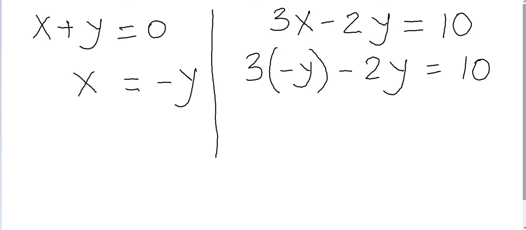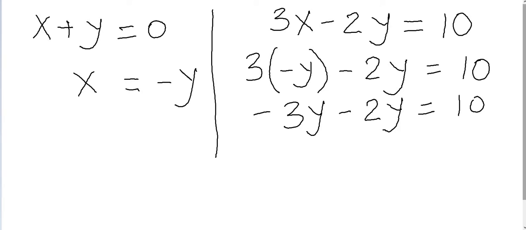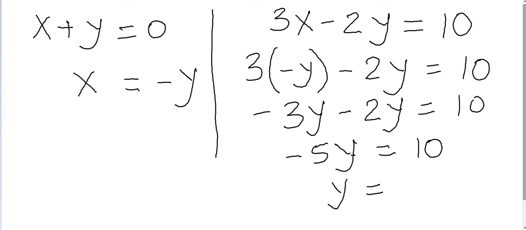So 3 times minus y is minus 3y, minus 2y equals 10. Minus 3y minus 2y is minus 5y equals 10. So from here we get y equals 10 divided by minus 5, which is minus 2.